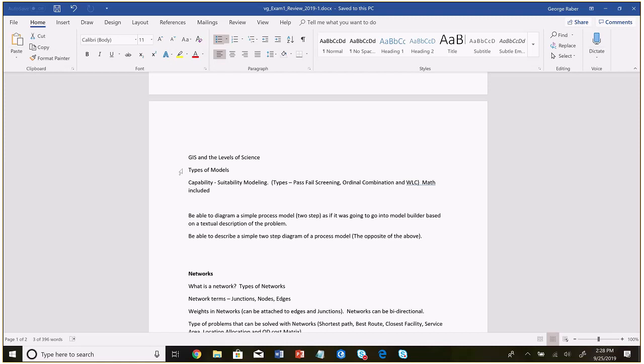Okay. So when I say math included, you're not actually going to have to write down any mathematical formulas, but you'll have to recognize that a description of one of these is a certain type.